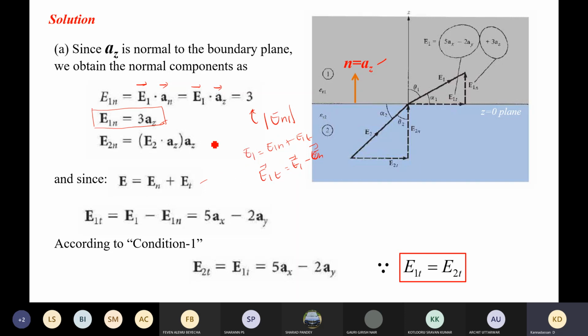They will always come out correct. Therefore, we can easily calculate this tangential component. The tangential component is nothing but the part other than the normal component. We can isolate that. So now we have isolated the normal component and the tangential component in medium one.